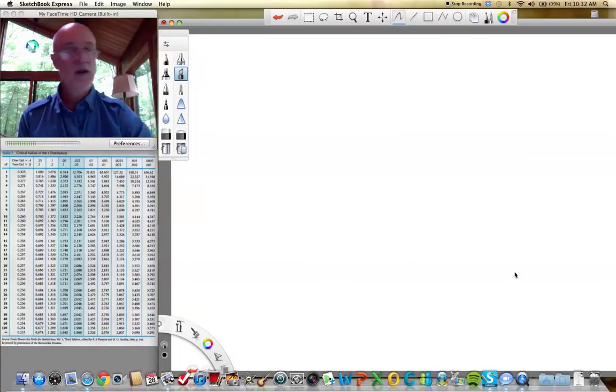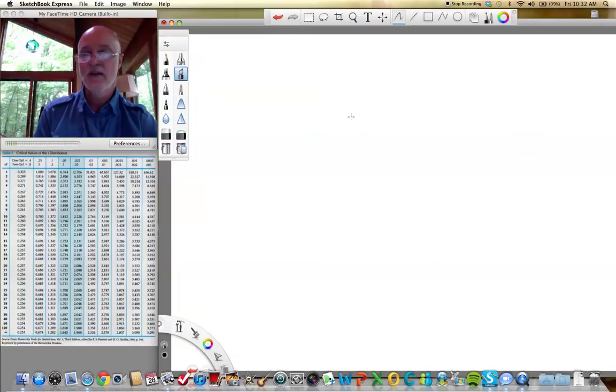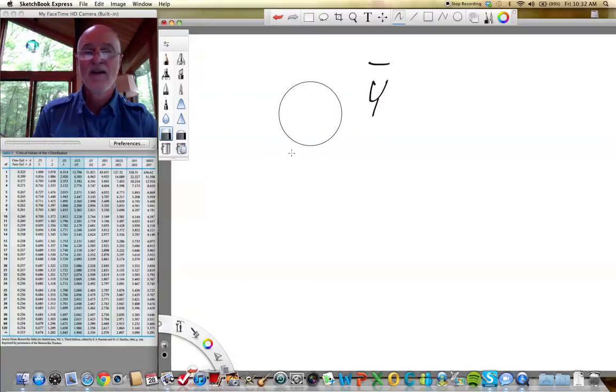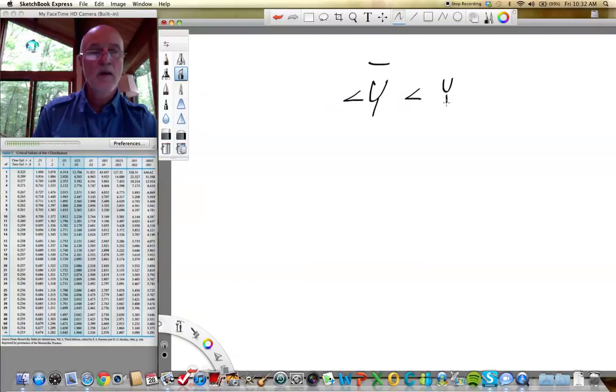Now, most of you have probably heard something like this in a past course: the confidence interval is given by y bar plus 2 times the standard error, or y bar minus 2 times the standard error.